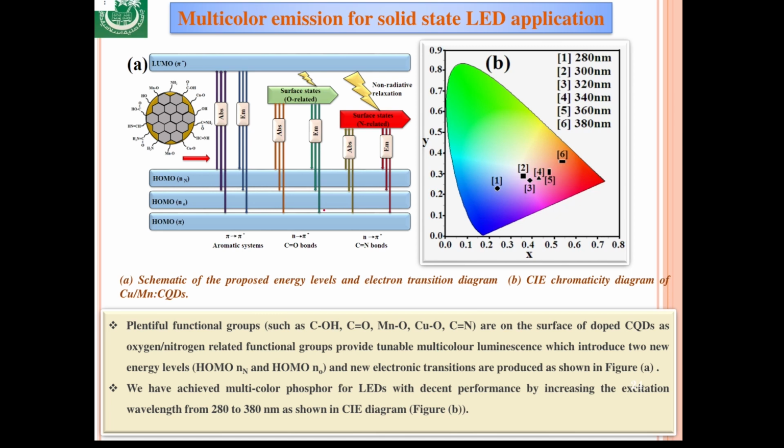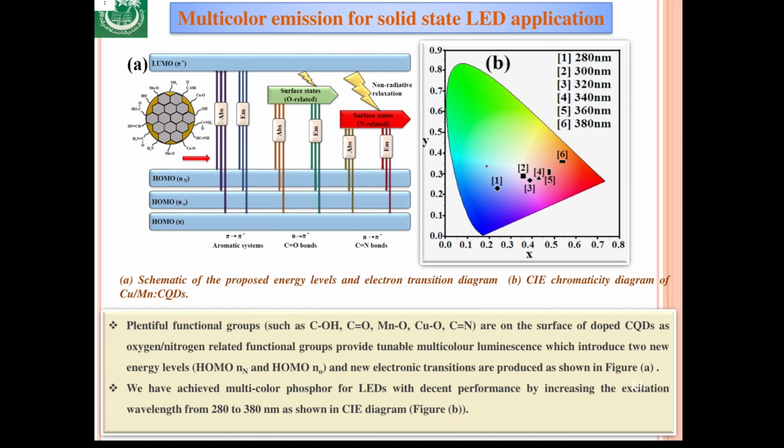This emission was characterized by drawing the CIE diagram of the emitted light from these doped and undoped carbon quantum dots when they were excited at different excitation wavelengths, starting from 280 nanometer to 380 nanometer.